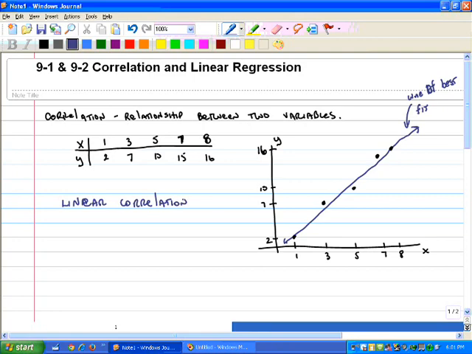Because these points in this scatter plot are really close to making a line, meaning not very many of them are very far off the line, we say this is a strong linear correlation. Because the slope of that line of best fit is positive, we go a little farther and we say this is a strong positive linear correlation.